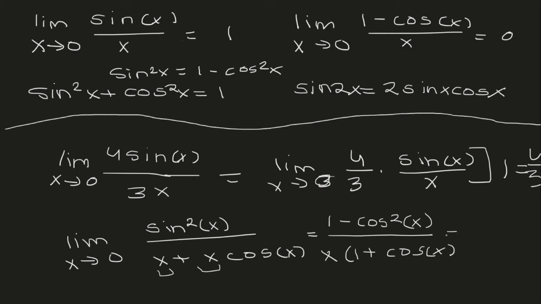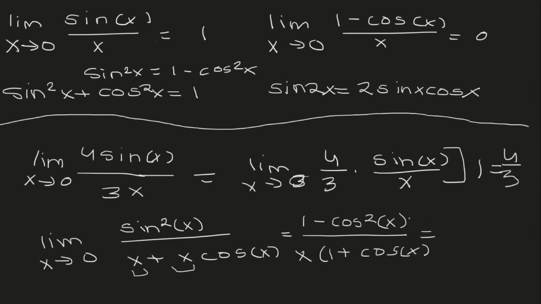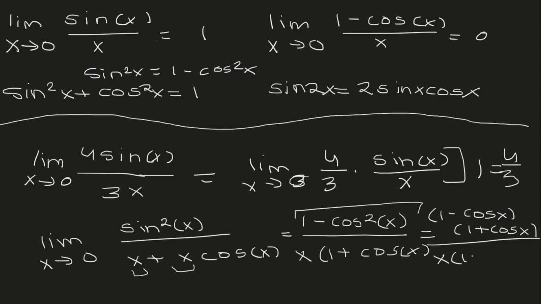Now we need to do further simplifying in recognizing that this is a difference of two squares. So we can simplify that as 1 minus cosine x times 1 plus cosine x, all over x times 1 plus cosine x.